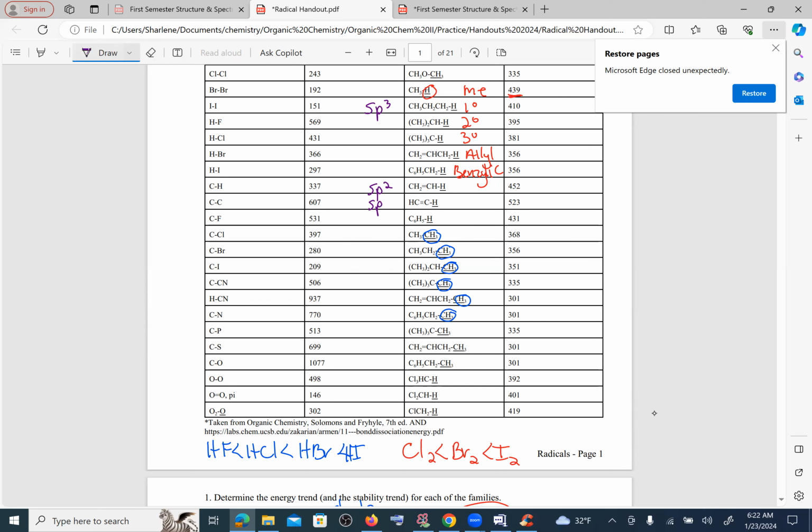All right. What are my trends here? And since it's right here, I'll just put these numbers. So sp3, sp2, sp. Okay, my sp3 was 410. My sp2 was 452. And my sp is 523.